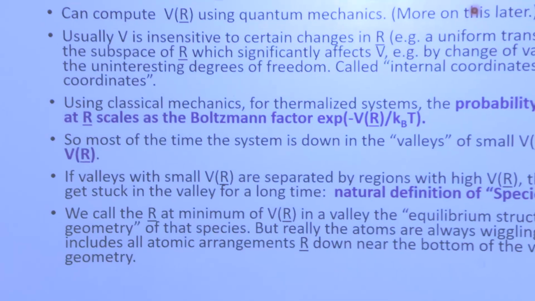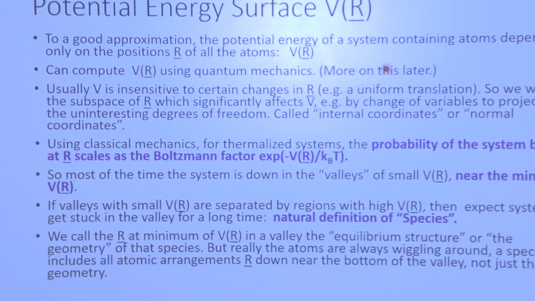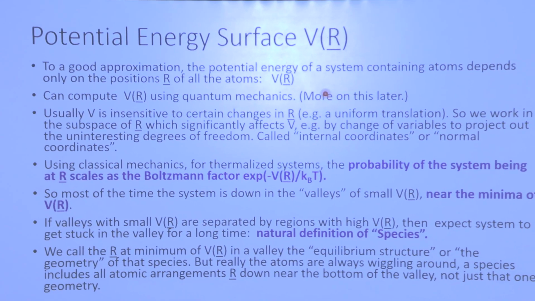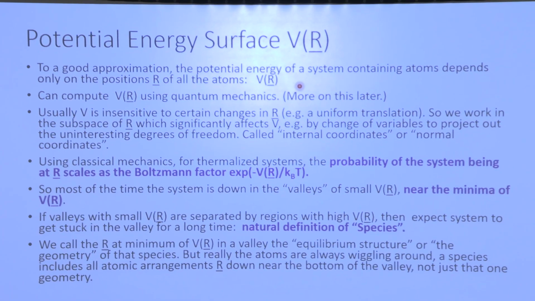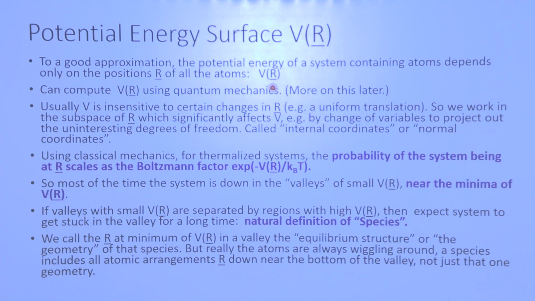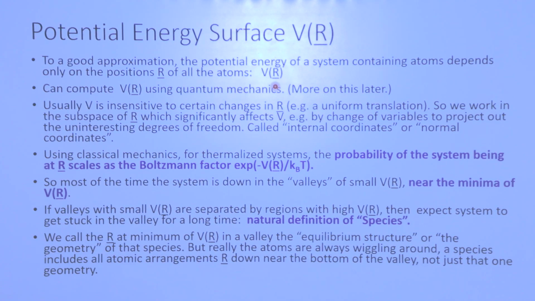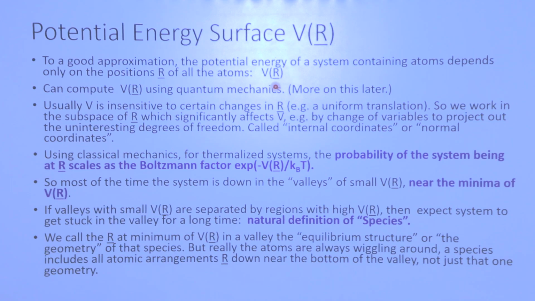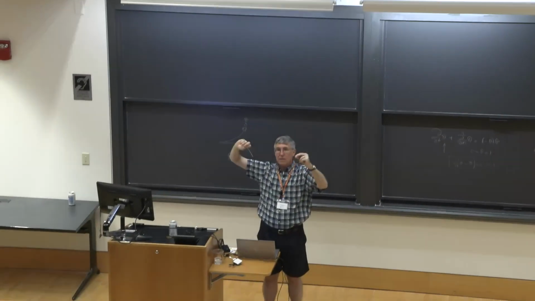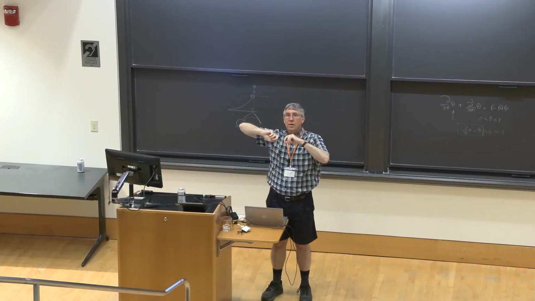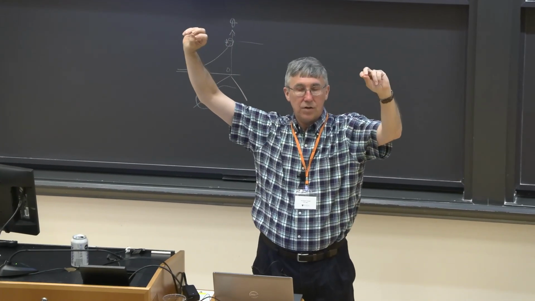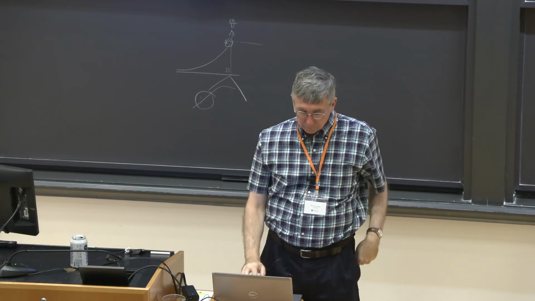Now, the potential energy surface is kind of helpful for this purpose. So to a good approximation, the potential energy of any system containing atoms just depends on the positions of the atoms. So where the atoms are, how they're geometrically arranged. Certain geometrical arrangements have low energies, or are stable. Certain geometrical arrangements have very high energies, or are unstable.